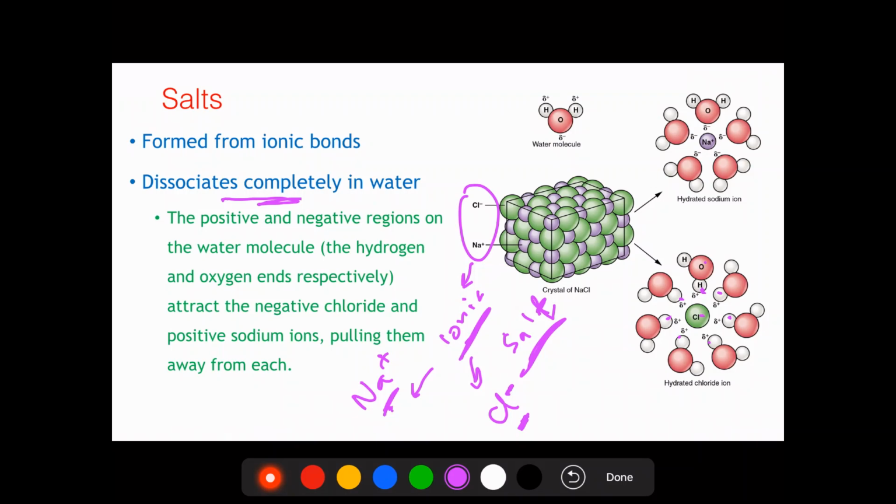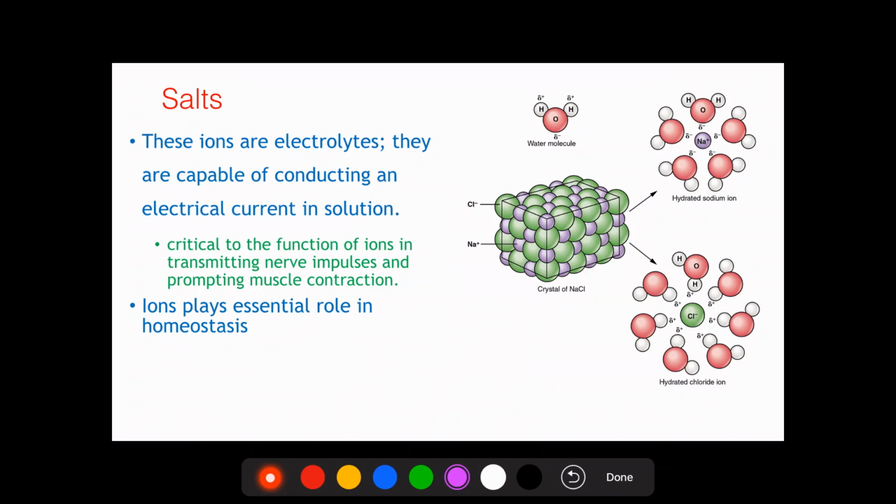And on the other side, the oxygen will try to establish a bond with the positive sodium. It will get attracted to it. That's why salts are easy to dissolve in water. Okay? And usually salts are a product of ionic bonds.